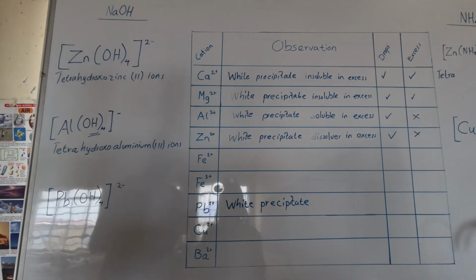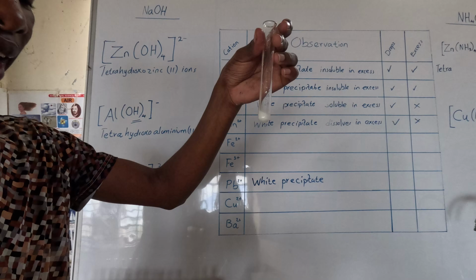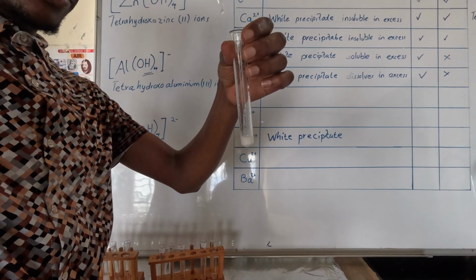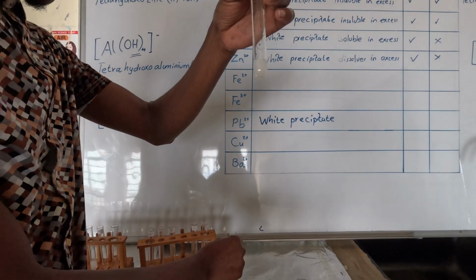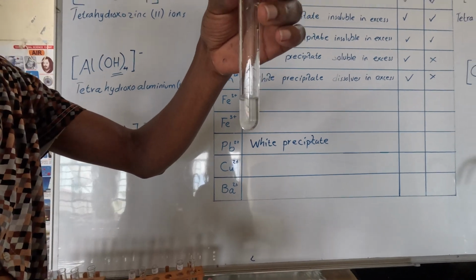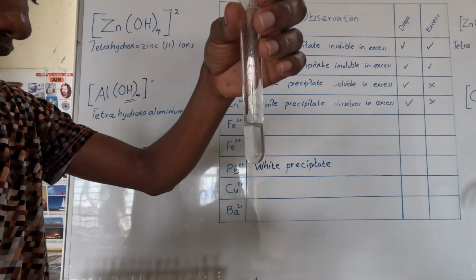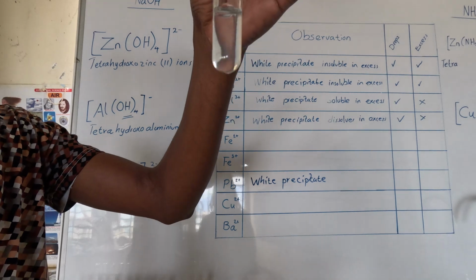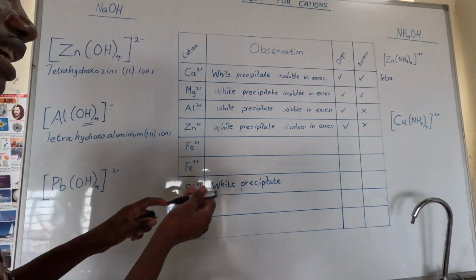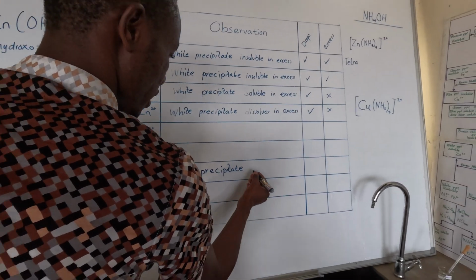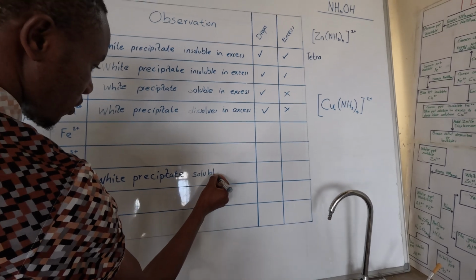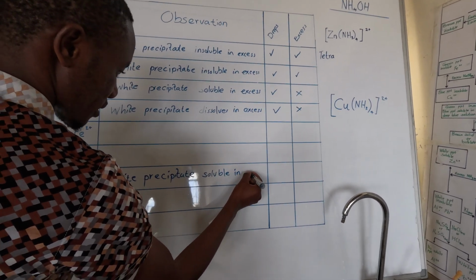Then, what will happen if I add excess sodium hydroxide like that? What is happening? The white precipitate dissolves. So, you can say either soluble in excess or dissolves. So, soluble in excess.